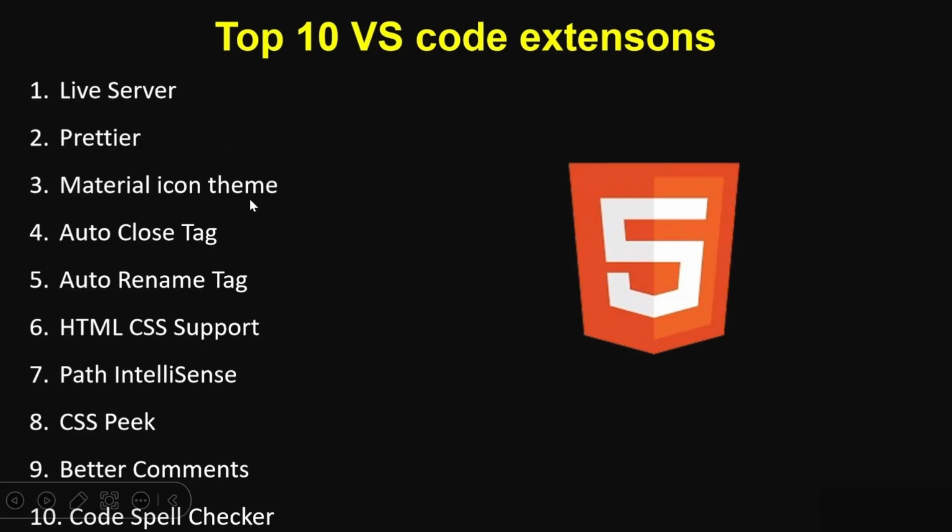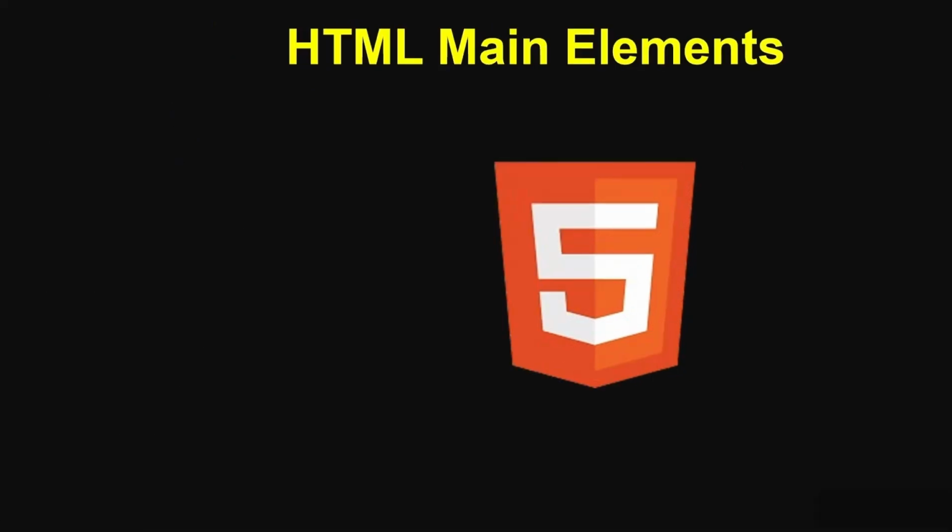Similarly, Material Icon Theme is a very beautiful theme that colorizes your files. I have already installed it. Similarly, auto close tag and auto rename tag are very important to be installed for HTML and CSS to beautify your code and make it easier to run your code. The beginner student should take a screenshot of these extensions and install them one by one.